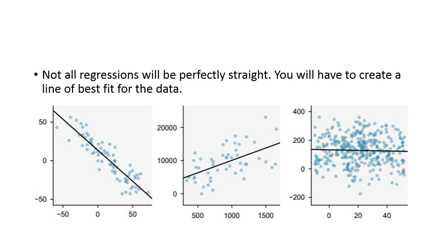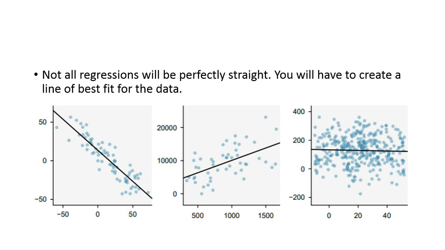So you see, with the first set of data down here, we have a bunch of points that are obviously decreasing as they move along the x-axis. And they're fairly close to that line, so they're kind of bunched together. When you look at the next one, the middle graph, you see that it's increasing, but they're farther apart. Okay, so it's not as strong of one.